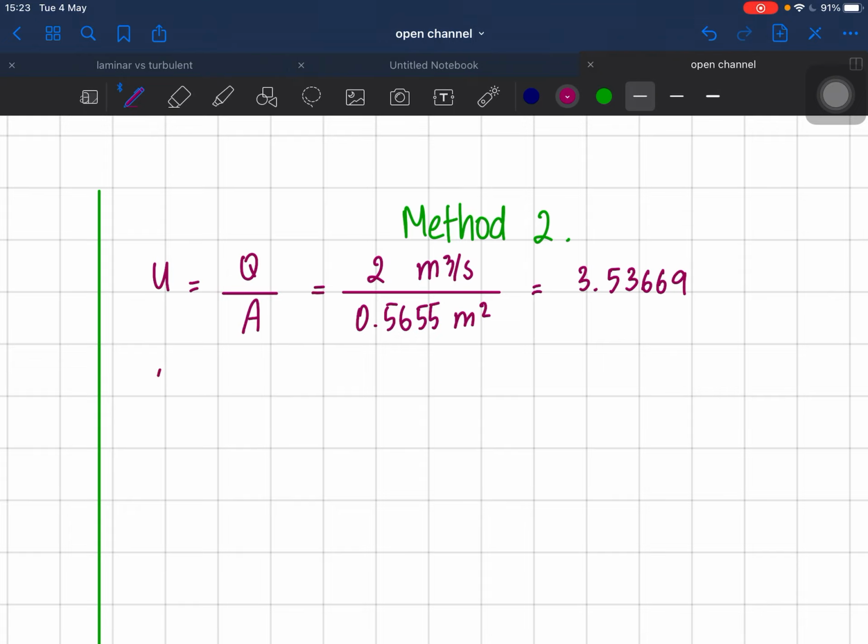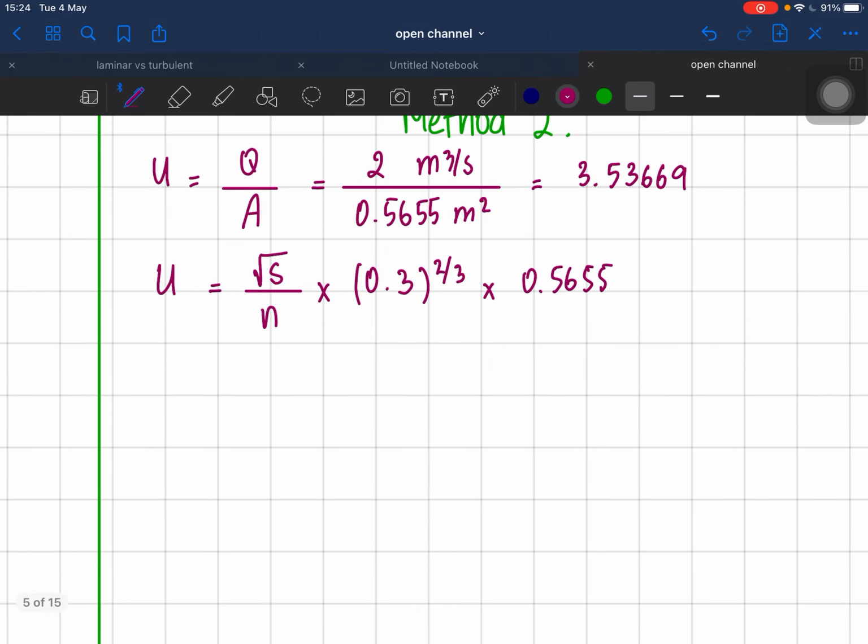Basically, we're just doing this: U equals slope over n, times 0.02, and times 0.3 to the power 2/3 times 0.5655.